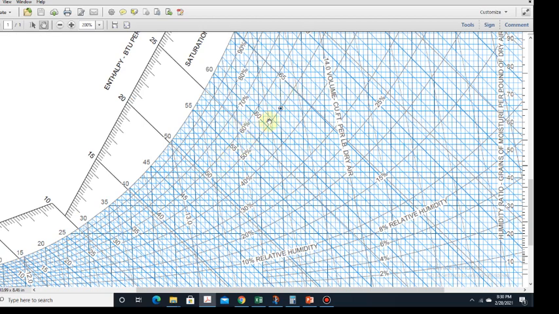So our dew point temperature is in between these two lines. This is 55 dew point, this is 60, and this is 65. So we can say 62.5 or 63 will be our dew point temperature, the wet bulb temperature.